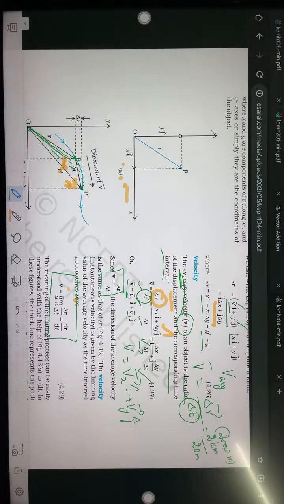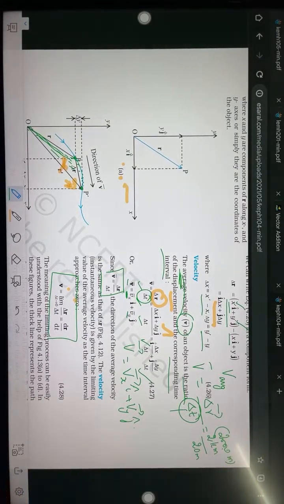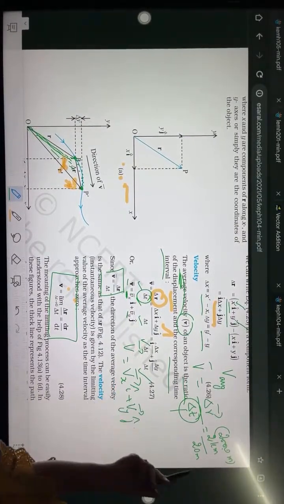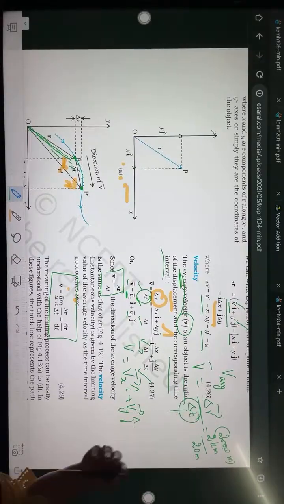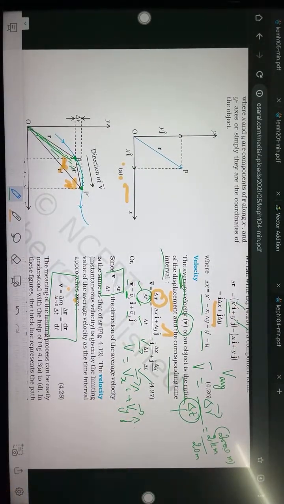What is an instantaneous velocity? At the particular time. That means delta t is equal to 0. If you put delta t exactly equal to 0, then what will be the velocity? Anything by 0, what is anything by 0?